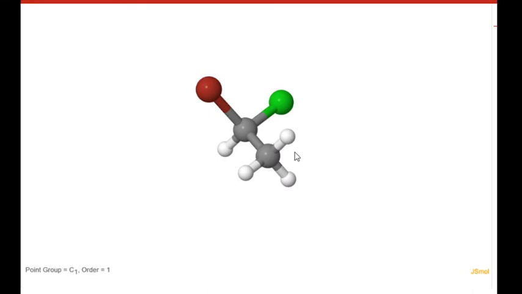Now for this molecule, right, this is the chiral carbon. Since this carbon is connected with the four different kind of the group, this is the bromine, this is the halogen Cl, this is the fluorine, and this is the another group, that is the CH3 group.